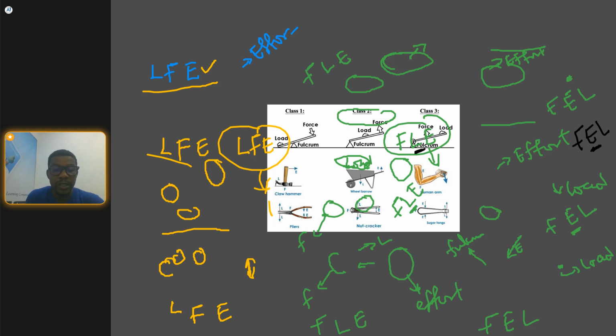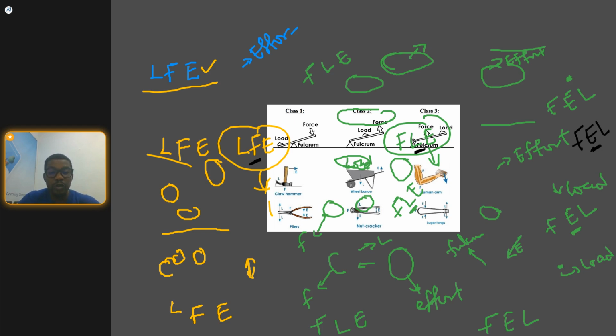The load is in between the fulcrum and the effort. The fulcrum is in between the load and the effort. So in the first class of lever, we have the fulcrum in between the load and effort. In the second class of lever, we have the load in between the fulcrum and effort. And in the third class of lever, we have the effort in between the fulcrum and the load.